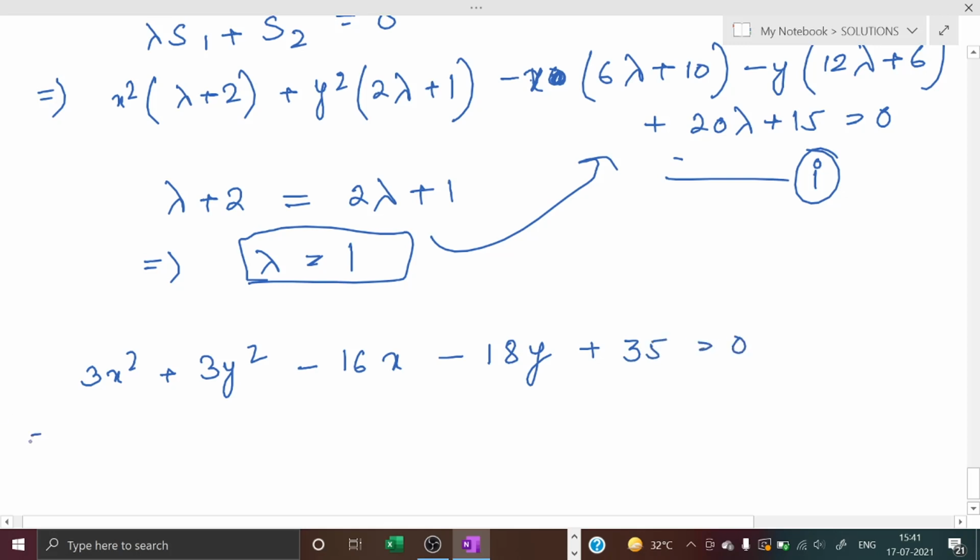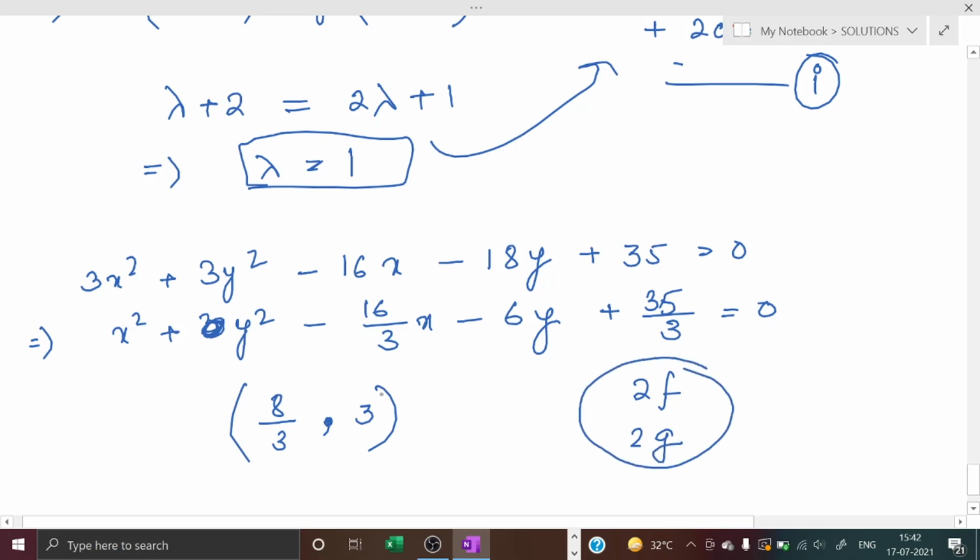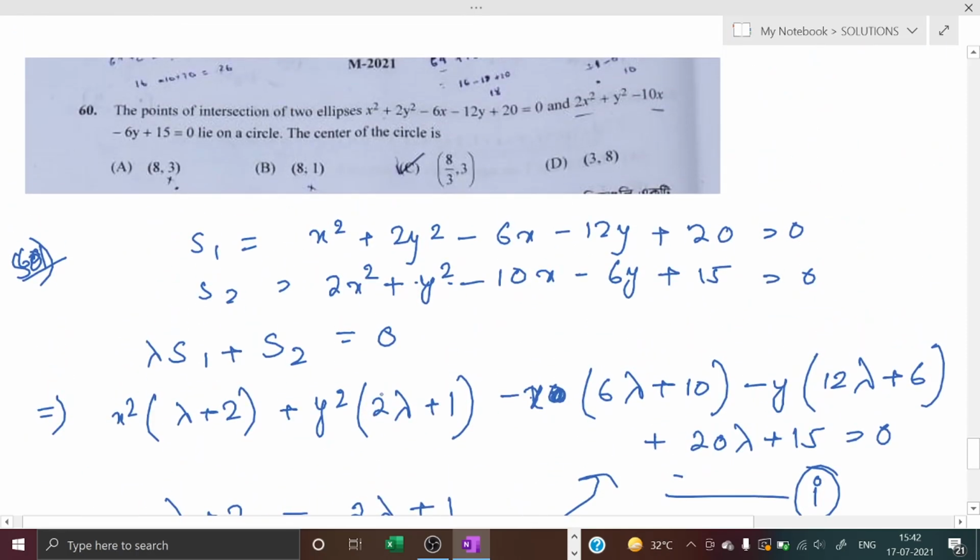And I will take the 3 outside from here: x square plus y square minus 16 by 3 x minus 6y plus 35 by 3 equals 0. Now for the center of the circle, you know, minus g, minus f, that is 8 by 3 and 3, right? You know this thing. So what are the options? Yeah, option C. Easy. Option C is the right answer.